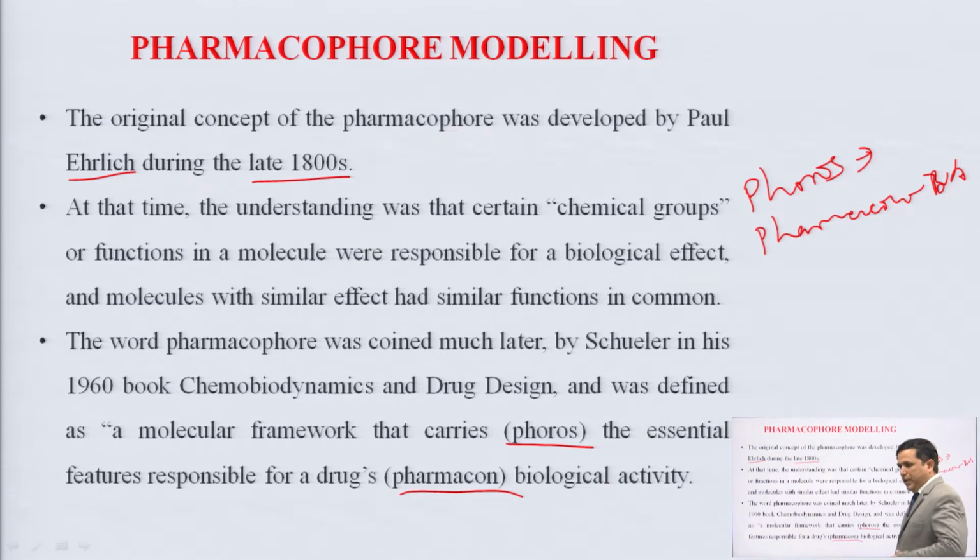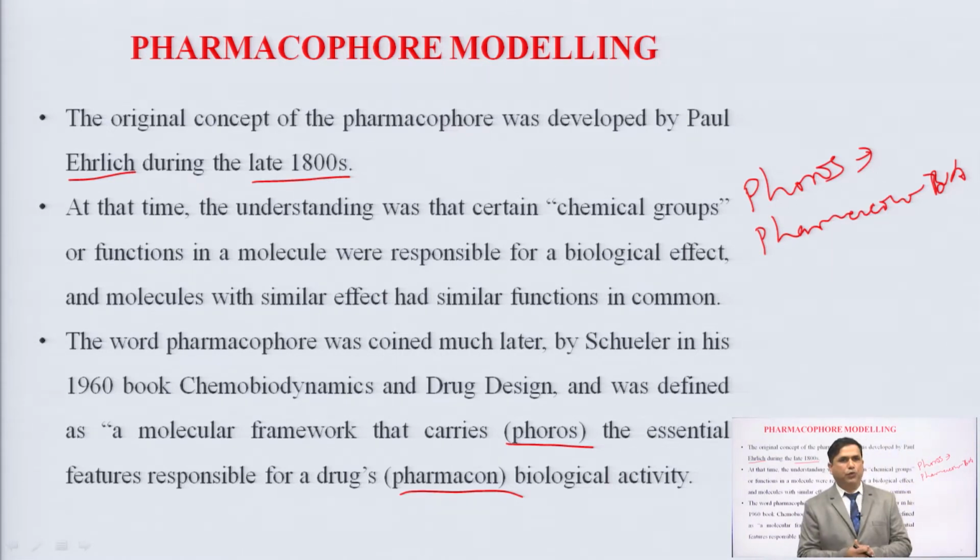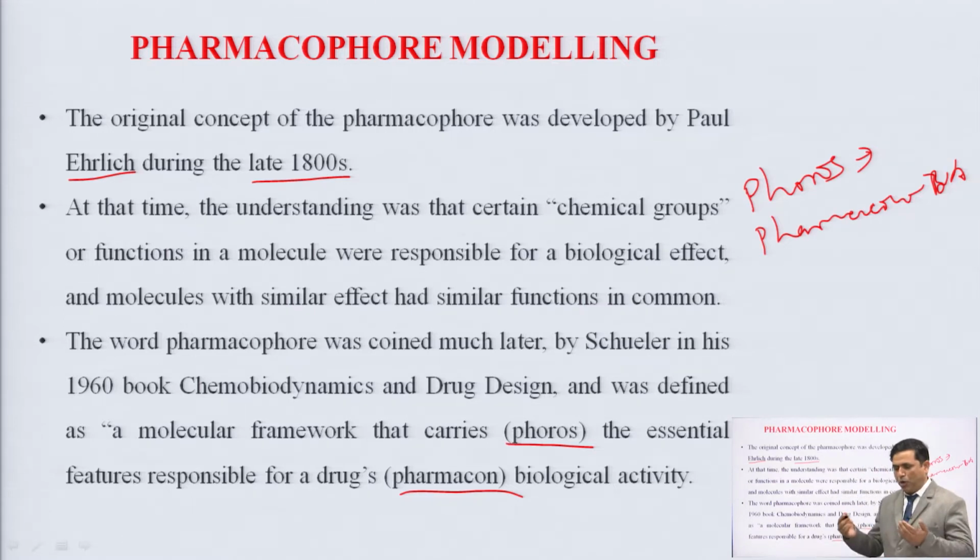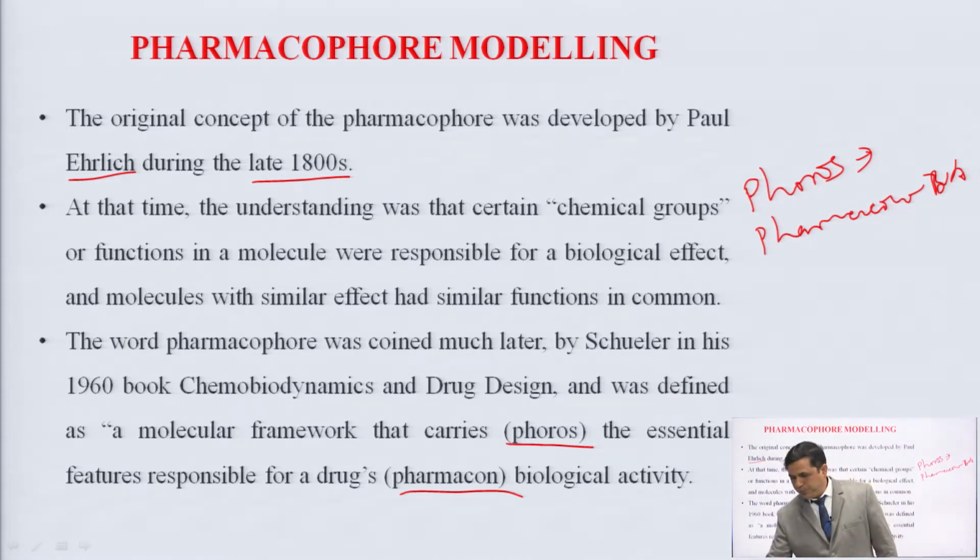When we are understanding the pharmacophore, we have to understand the chemical groups or functional groups which are responsible for the biological activity. In another way, we can define the pharmacophore as the compound and the functional group which is responsible for the activity.